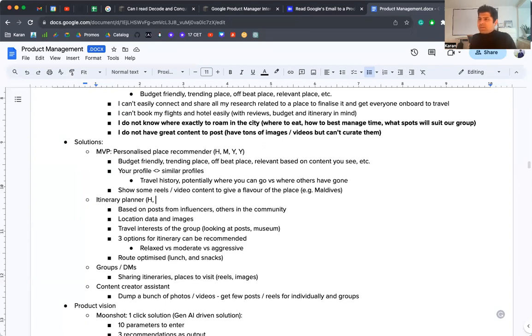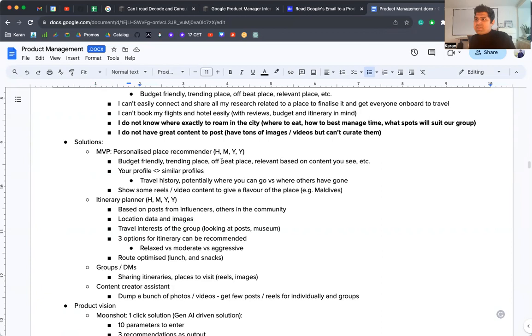Itinerary planner, I think this is also a high impact thing. The effort can probably be similar, as compared to the personalized place recommender, because you have all of the data points, but because travel and itineraries is probably a newer area for Facebook, this might be very slightly higher than the personalized place recommender, because in the place recommender we are potentially looking at our posts, our data profiles, the historical content that the potential users have been using.